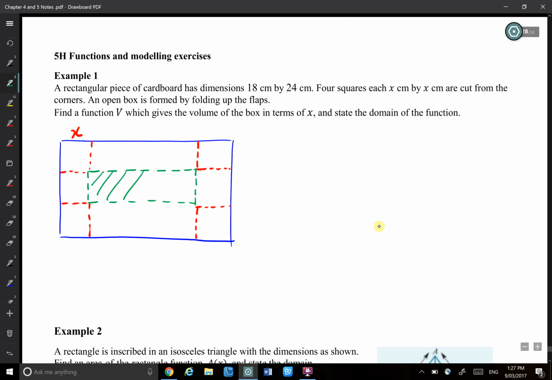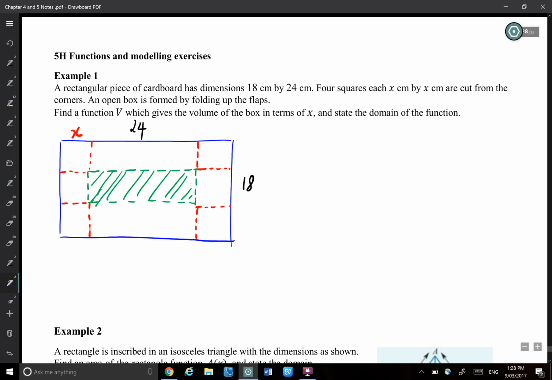So therefore, this is my base. The green part is my base. And then the height will be x. Think about it, you cut that and you put it up. So the height is x and the base is the green part. And we have 24 times 18.